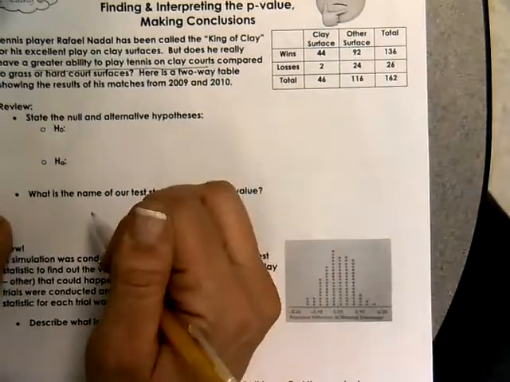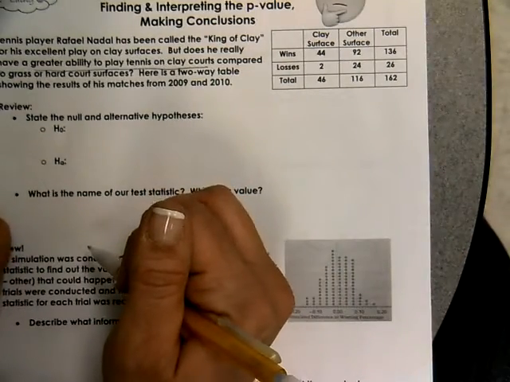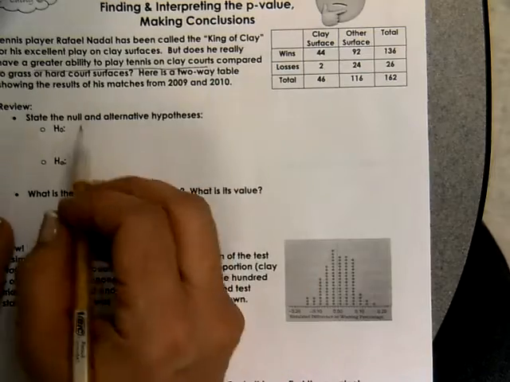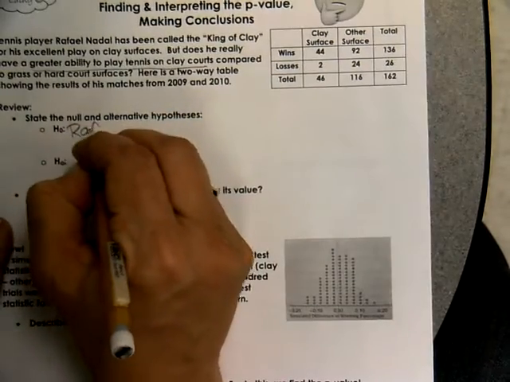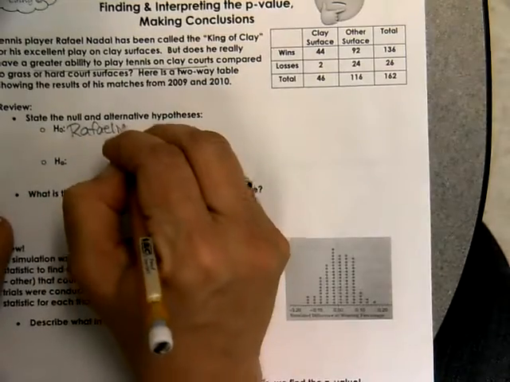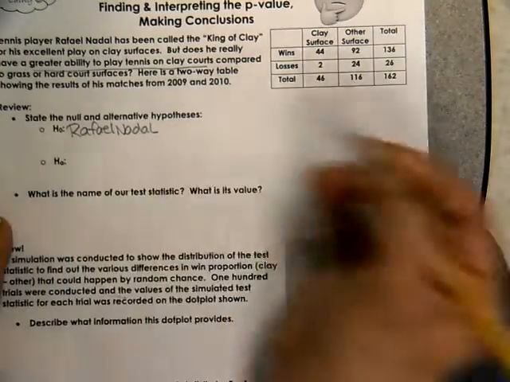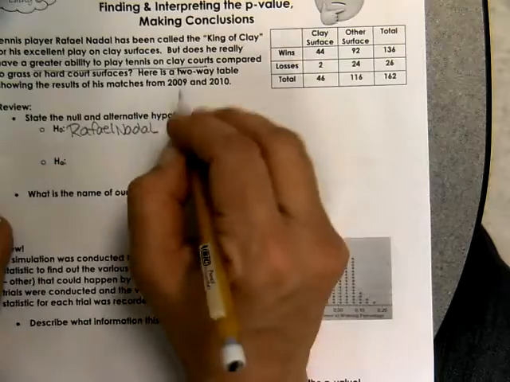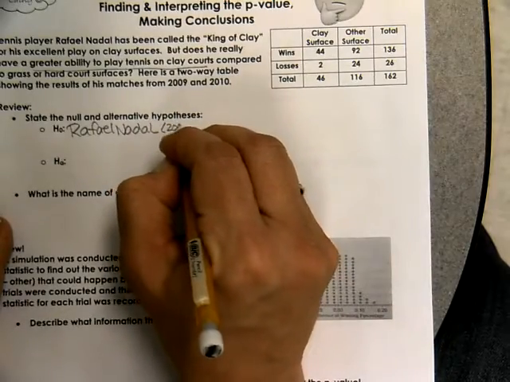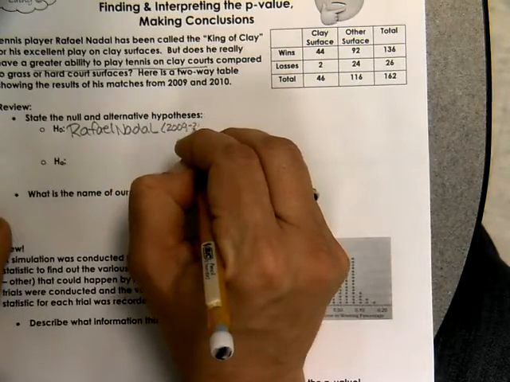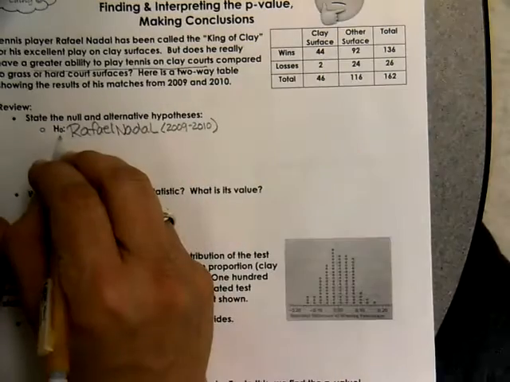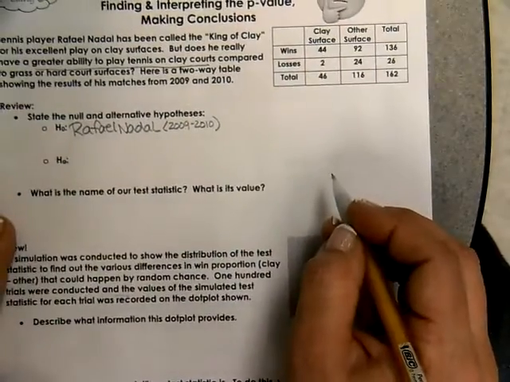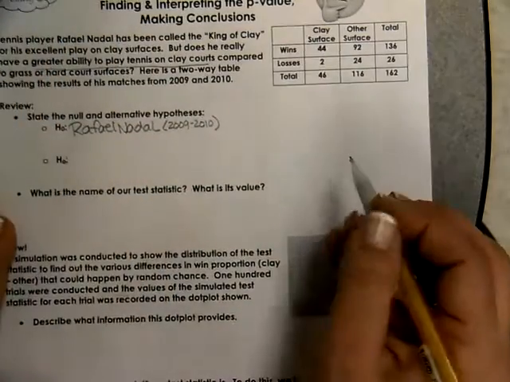So the first thing we want to review is stating the null and alternate hypotheses. Remember, we want to talk about who, which is Rafael Nadal. We should talk about the year. In the null hypothesis, we talk about having the same ability.